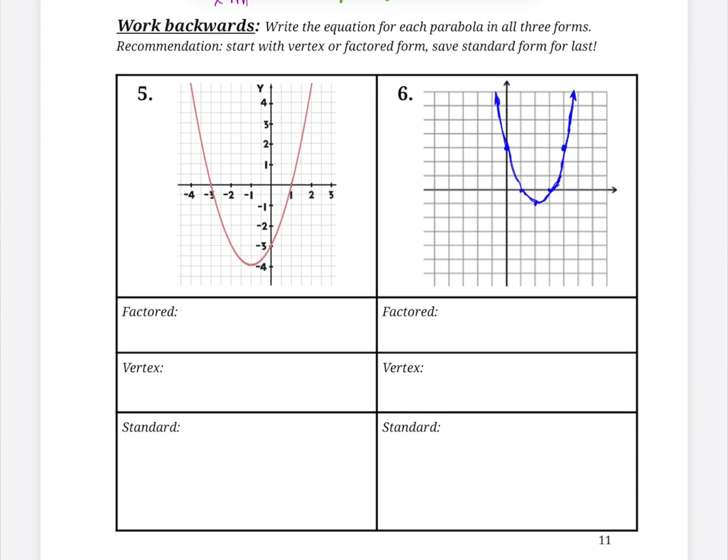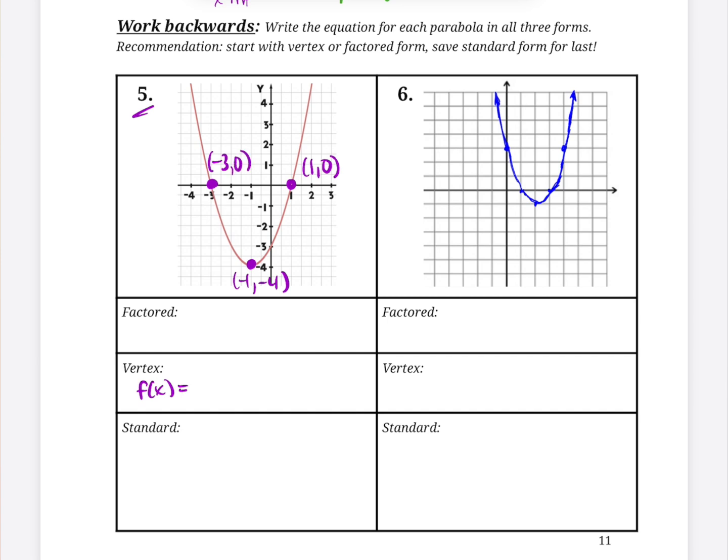So, how are these different forms helpful? For example, if you take a look at the equation in number 5, I've got these two x-intercepts, and I know the vertex. So right off the bat, I know that I could write f of x equals something, where the vertex is at -1, -4 and the intercepts are at 1, 0 and -3, 0.